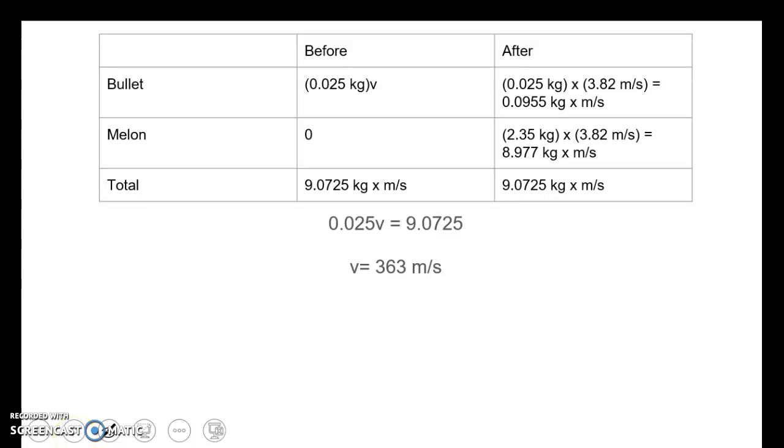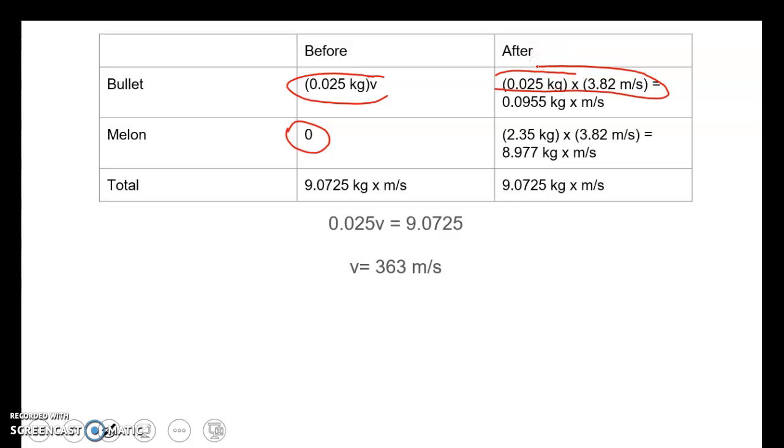The bullet has a velocity before, but we don't know what it is. But we know the melon is not moving. So we know that the initial momentum is 0.025 times whatever the velocity of the bullet is. But we know the momentum afterwards. We know afterwards the bullet, and we want to put our mass in kilograms to match the kilograms on the melon.